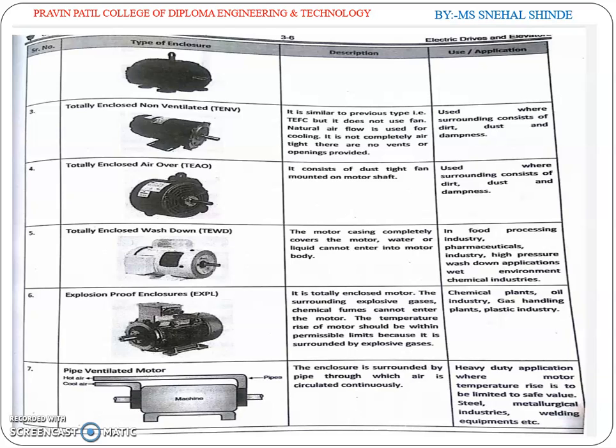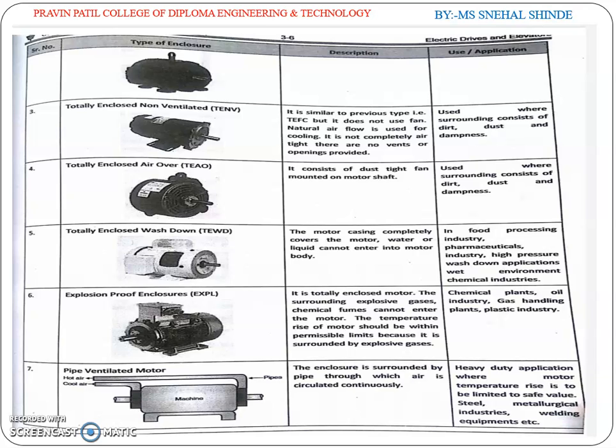The motor casing completely covers the motor; water or liquid cannot enter the motor body. Applications are the food processing industry, pharmaceutical industry, high pressure washdown applications, wet environments, chemical industry.